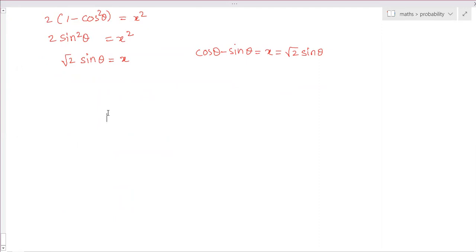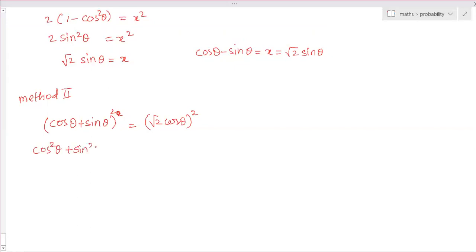So here, method 2. They have given cos theta plus sin theta whole square, sorry, we have to take it as a square, is equal to root 2 cos theta whole square. They have given minus or plus value? Plus values they have given, sorry. So now open this bracket: cos square theta plus sin square theta plus 2 cos theta sin theta is equal to 2 cos square theta.